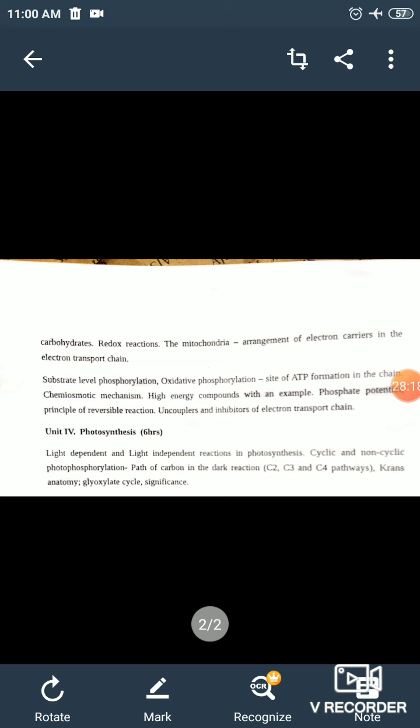Enzymes are a little bit difficult. One important thing I have to say while studying enzymes is that you have to understand each and every point of this unit.